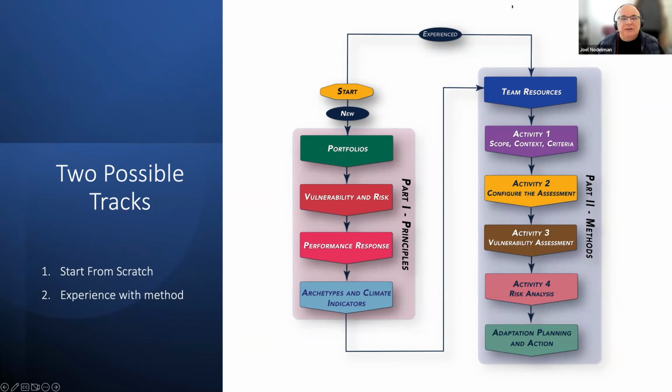The other track just takes you straight down into the procedure. So if you have some experience in doing this sort of work, you would probably take the part one principles and put it to the side and only go back and refer to it on very rare occasion. If you were brand new to the process, you would probably want to read that first part and make sure we were all on the same page.